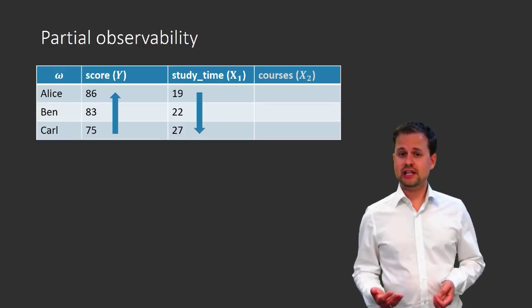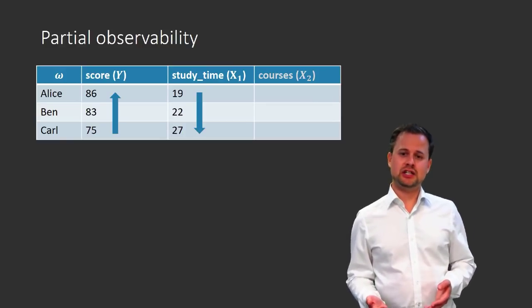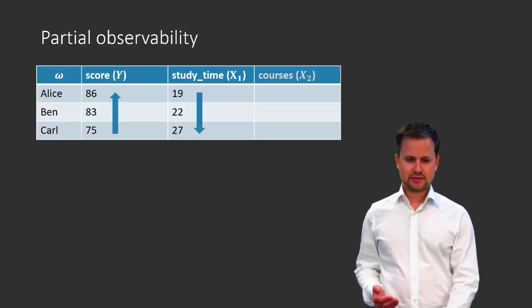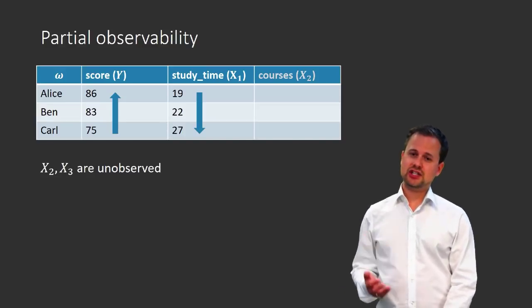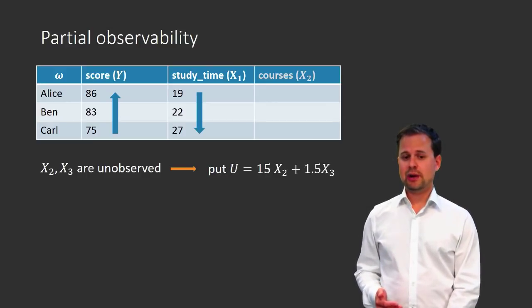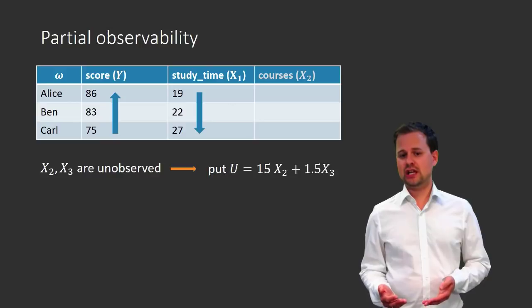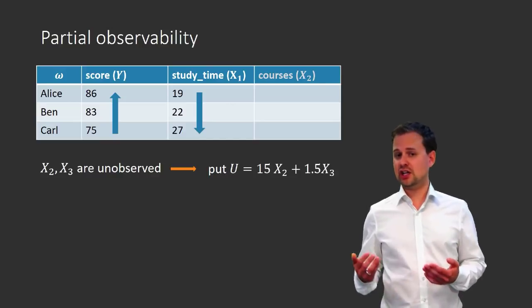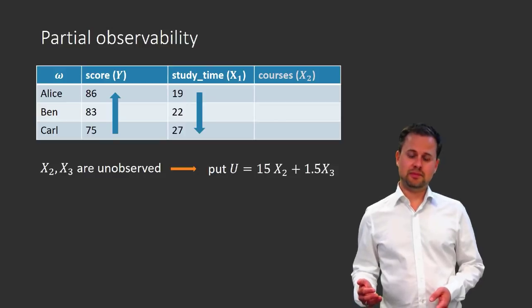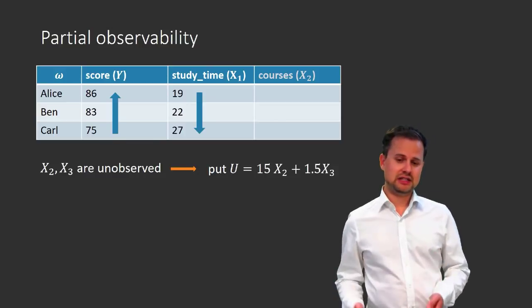So what's going on here? Well, there is a problem related to the variable courses now being unobserved. Right? So now we have 2 regressors that are unobserved, x2 and x3. So our unobserved component u is equal to the effect of x2, so 15 times x2, and then the effect of unobservability, just like before.